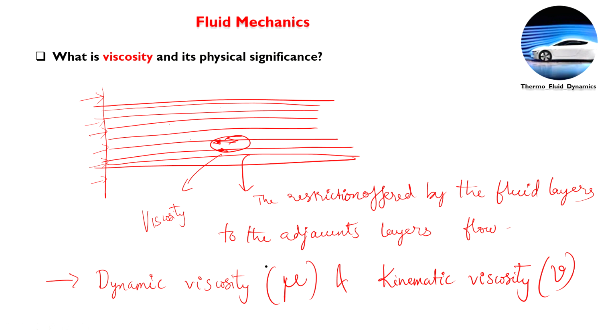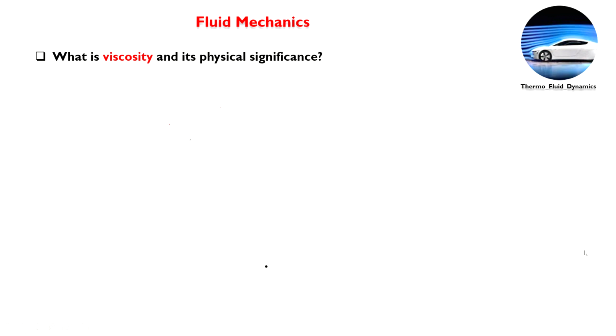So now let us discuss the differences between dynamic viscosity and kinematic viscosity. Dynamic viscosity is basically the fluid's resistance to the flow when an external force is applied.